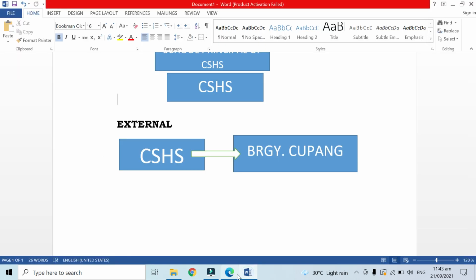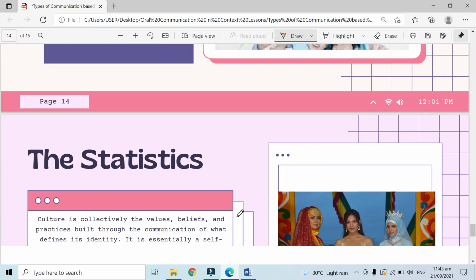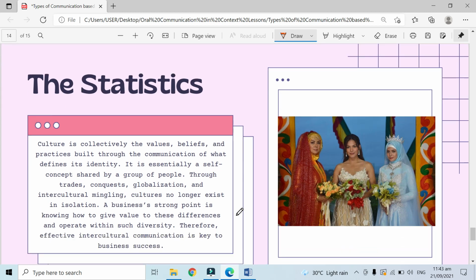One good example that I gave in my presentation is the TV series The Legal Wives. It shows how they communicate with each other, since this girl in the middle is a Catholic and all the other characters are Muslims. This is the first wife, this is the third wife, and this is the second wife.